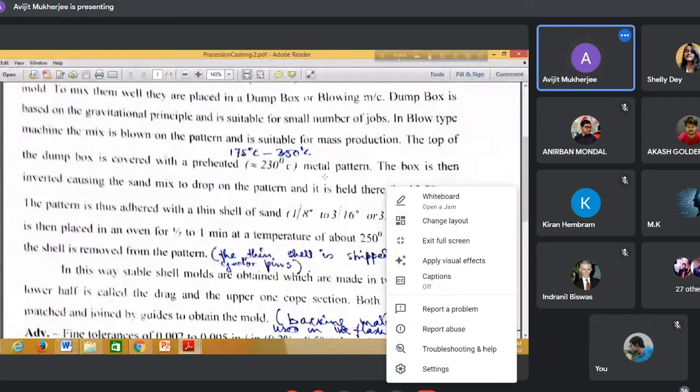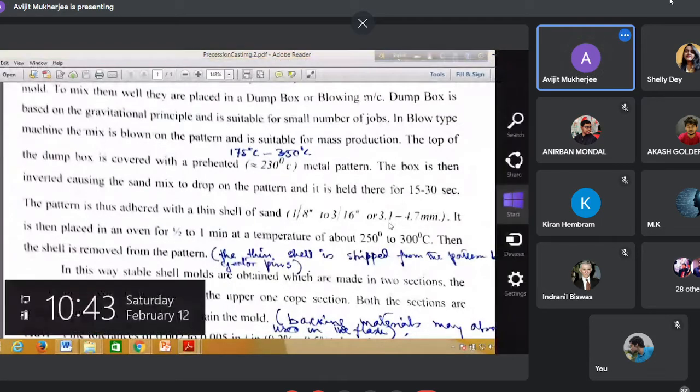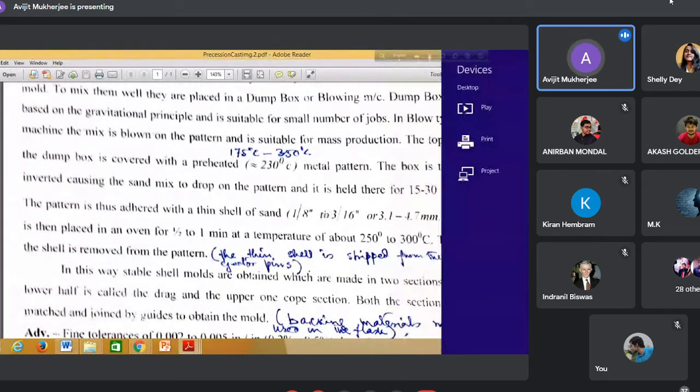If it is a dump box, it will take time to settle all the materials on the pattern. Otherwise, you may use a blowing machine to force the material to settle. And a thin shell will thus be formed. What is the thickness? About 3.1 to 4.7 millimeters approximately. That is 3 to 5 millimeters, say, on average. In the British system, it is given in inches. That's why the corresponding values in inches are also written here.